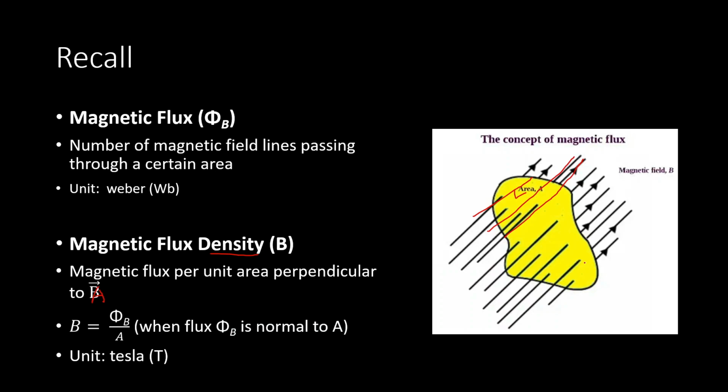It means how many of them fall on a surface per unit area. So we divide the previous quantity, magnetic flux phi B, by A, when the phi B is normal to A, and then we get the magnetic flux density, which is B. And it has a unit of Tesla.